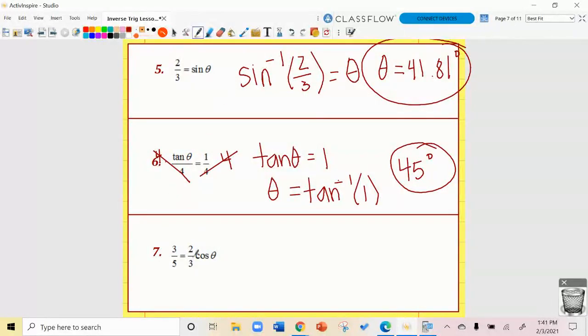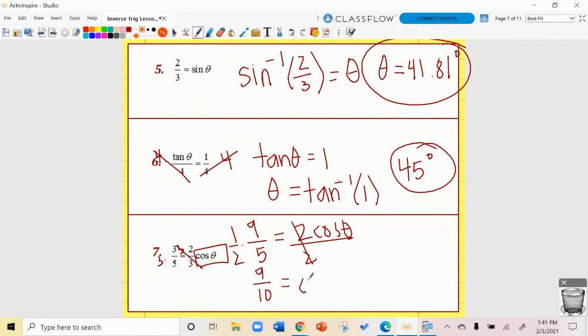Okay, and then finally, again, I know that I have to do cosine inverse, but I need to isolate that cosine. So I'm going to multiply by 3, and I've got 9 over 5 equals 2 times the cosine of theta. I'm going to divide by 2, which is the same thing as multiplying by a half. So I get 9 over 10 equals cosine of theta. Sorry, my handwriting is rough.